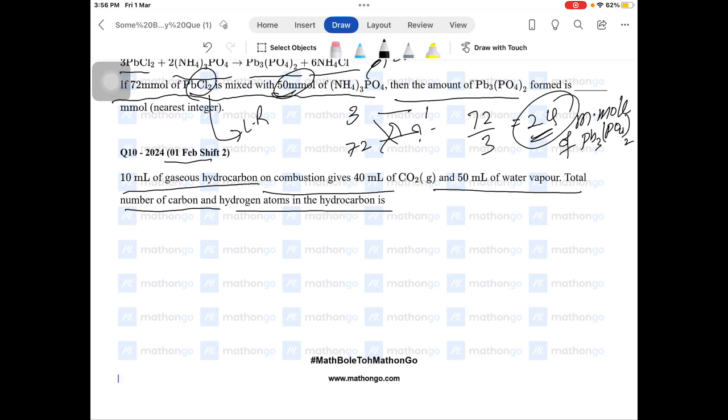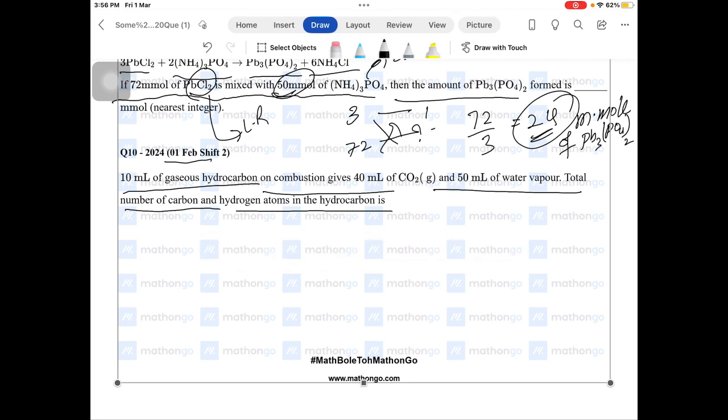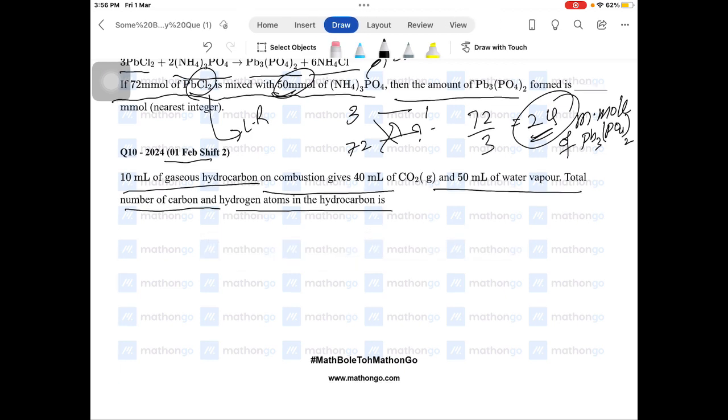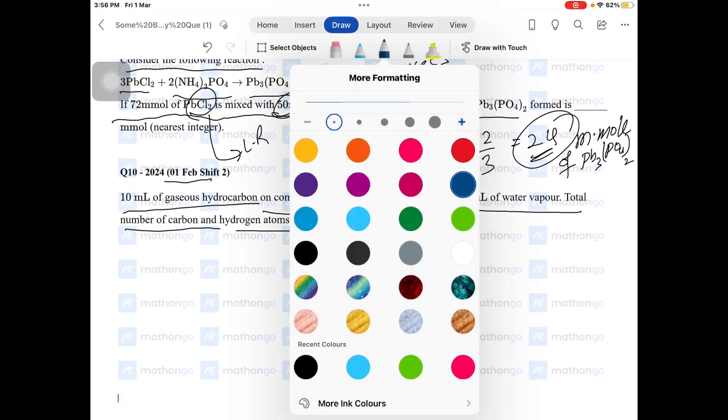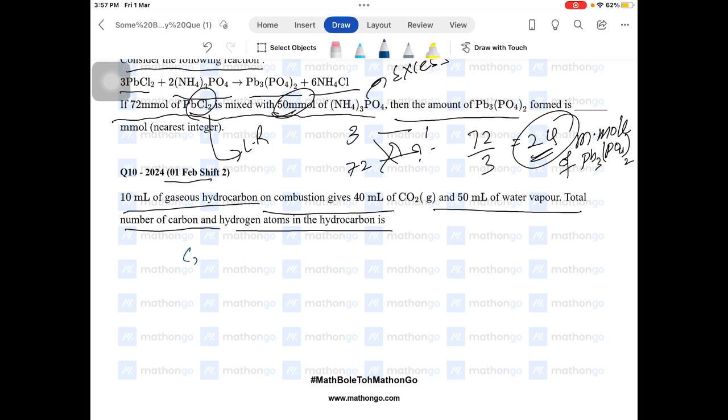So for that, take CxHy, which reacts with x plus y by 4 moles of oxygen to give x moles of carbon dioxide and y by 2 moles of water.